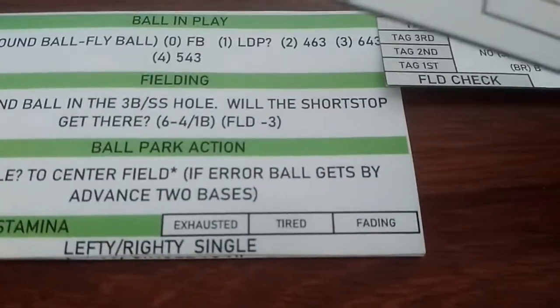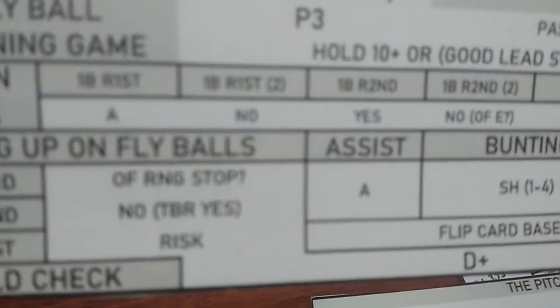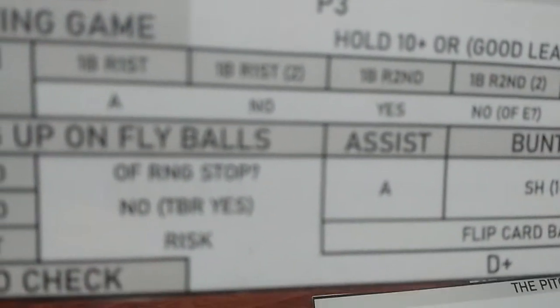So say, for instance, we've got Robin Ventura, who's over here. Now, Robin Ventura over here is a B- at third base. And we have that L5 possible double play card. We look at the fielding check, it's a D+. Robin Ventura is higher than that.